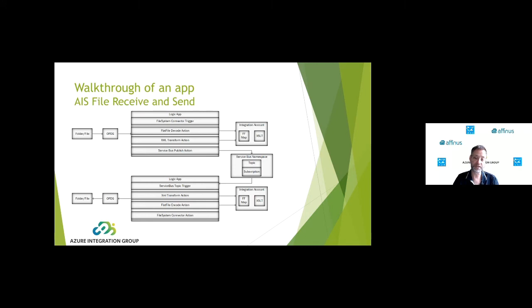So for example, if you execute the XML transform action, the output of that is going to be a JSON object, and in there you're going to find the content type, which will be application/XML, and the XML, which will be in base64 form, because of course you can't put XML directly into a JSON message.